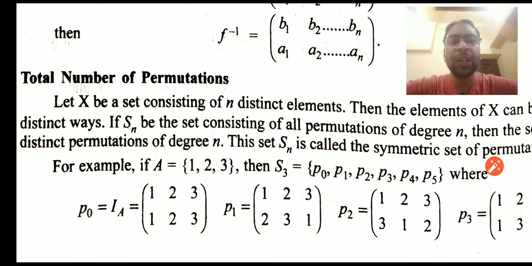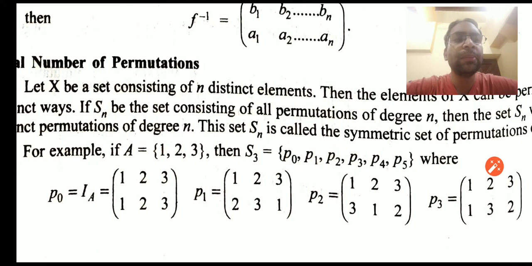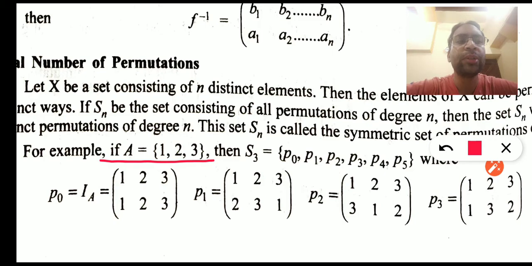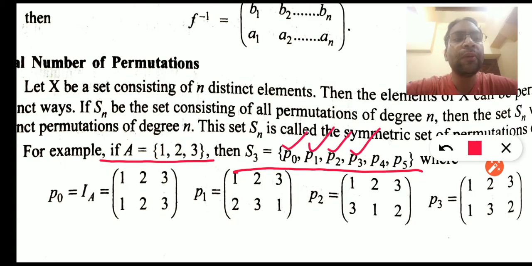Total number of permutations. For example, let's say there is a set A with elements 1, 2 and 3. Then S will be the set that combines all the possible permutations on set A. So here we can see that all the possible permutations on set A are 1, 2, 3, 4, 5 and 6, all distinct permutations.